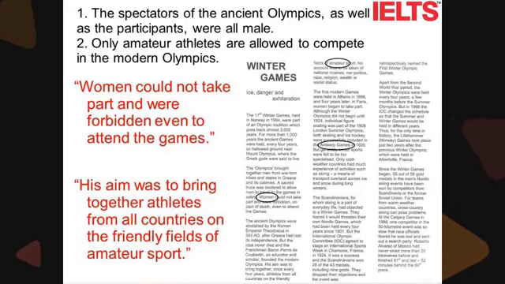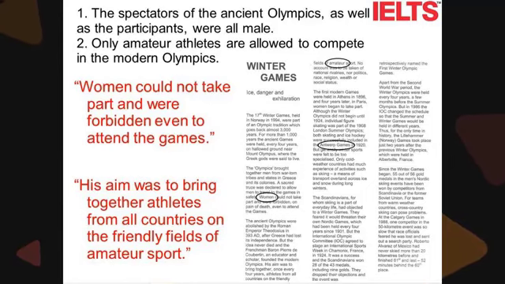So for those of you that are not sure, I'm just going to give you a little bit of help before we share the right answers. For statement 2, it says only amateur athletes are allowed to compete. So if that answer was true, I would expect to see the same information.